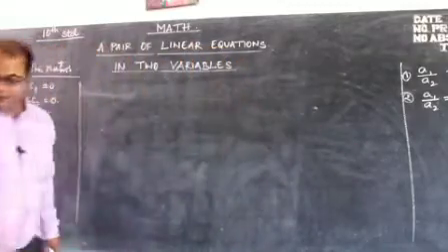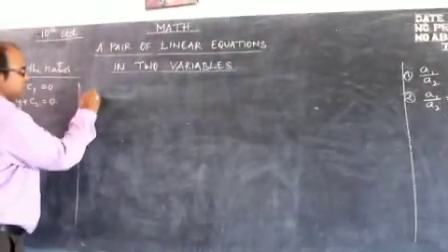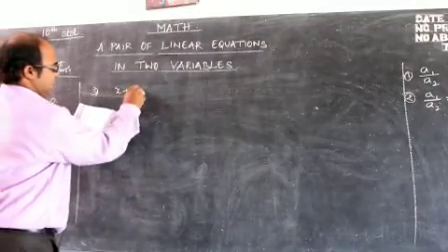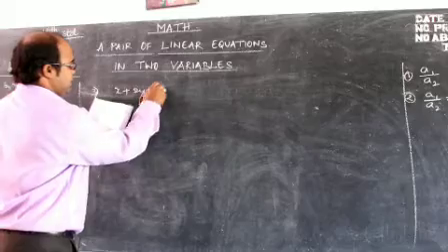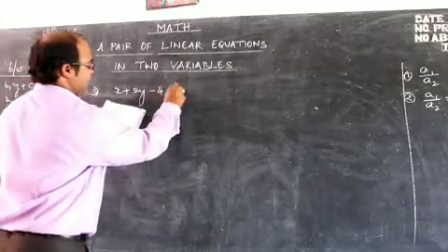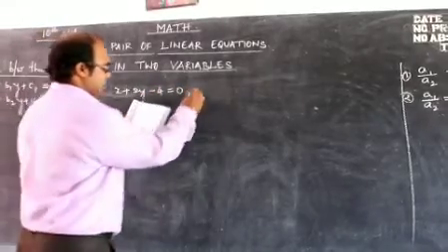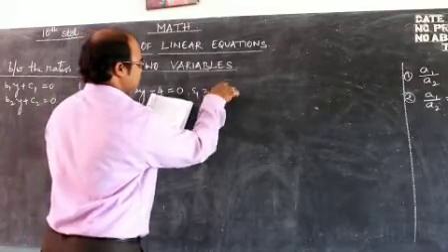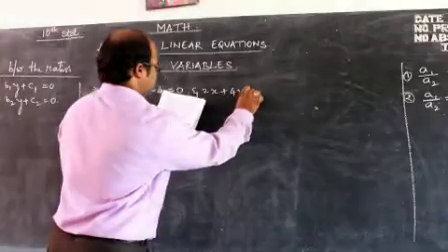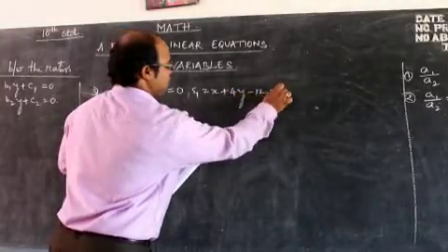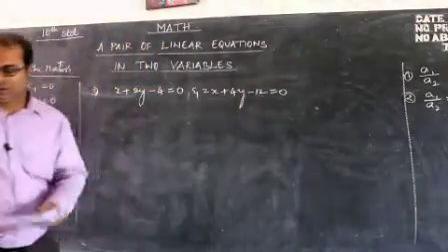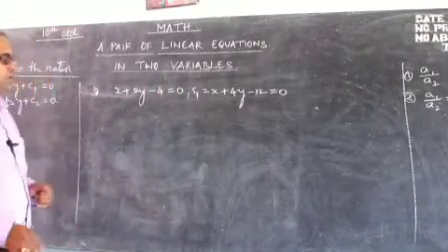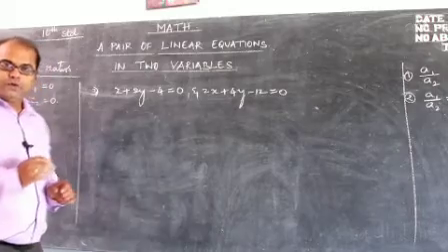So the third set of linear equations is like this: x plus 2y minus 4 equals 0 and 2x plus 4y minus 12 equals 0. So this is the third pair of linear equations. Now I need not tell what we have to do, you know it.